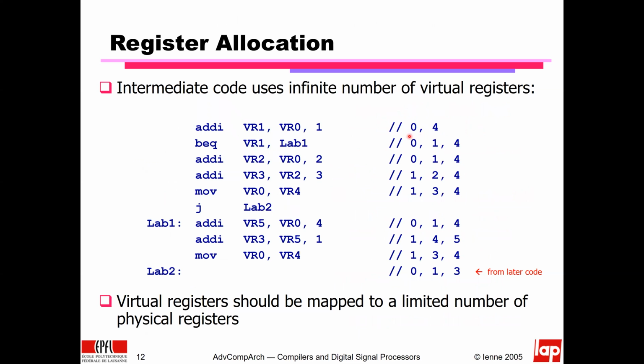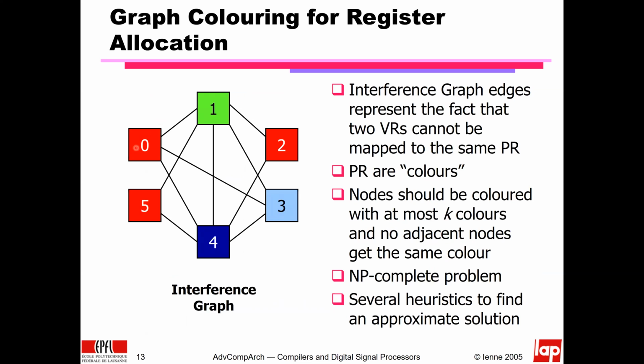I have here some value in register 0, and at the same time there is a value in VR1. And at the same time, by a similar analysis, there is a useful value in VR4. So VR0 and VR1 contain two values that cannot be allocated to the same, sorry, it was 0 and 4. So 0 and 1, and 0 and 4, cannot be allocated to the same physical register, because I need these two values at the same time, right?